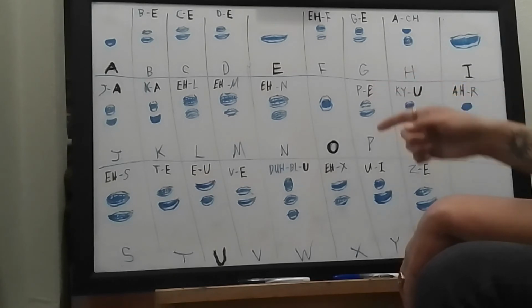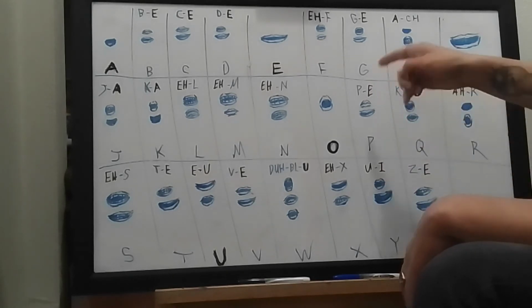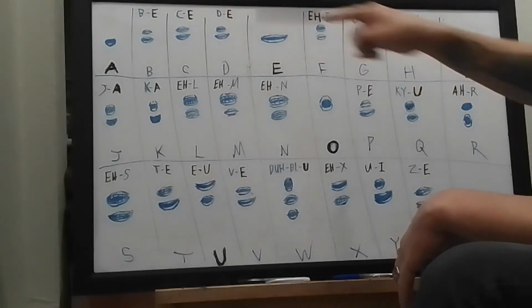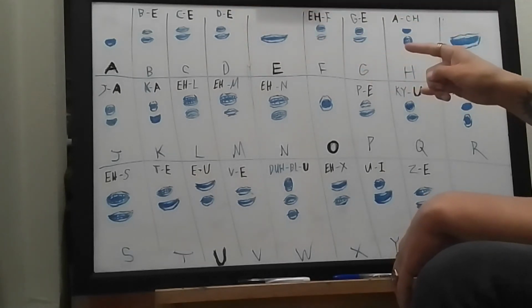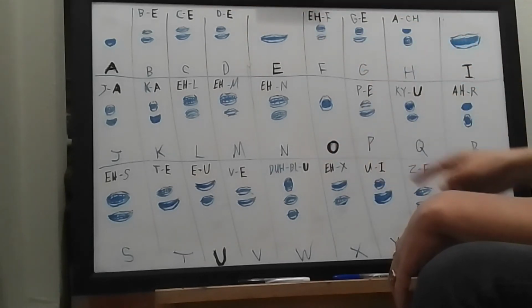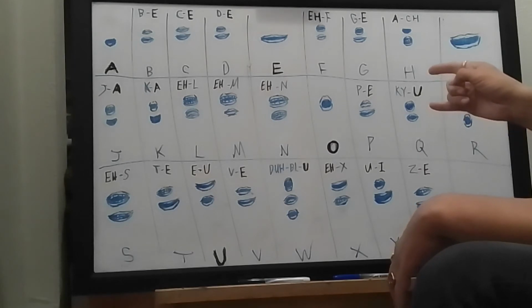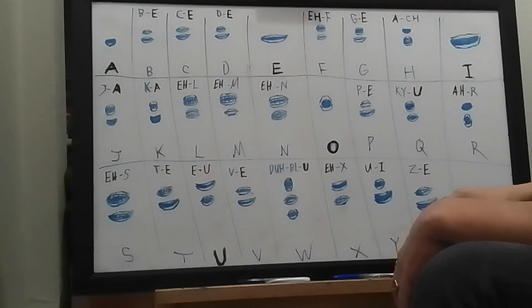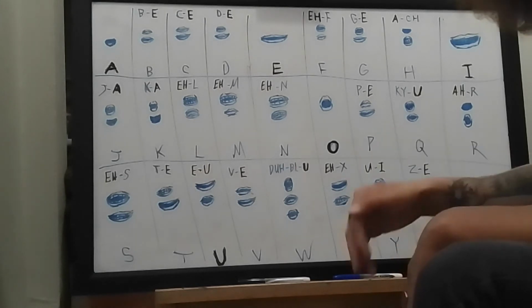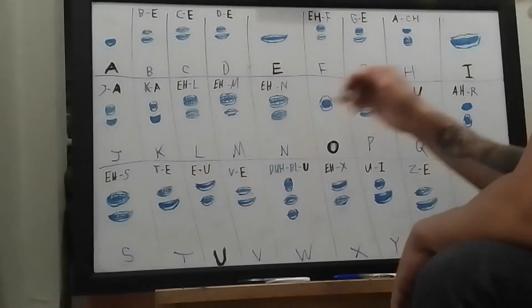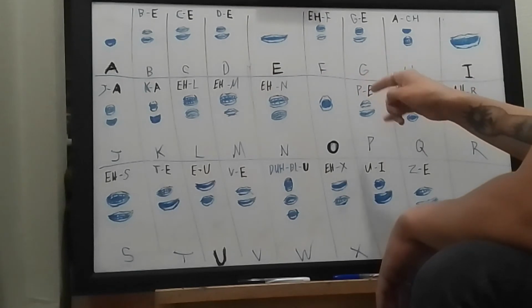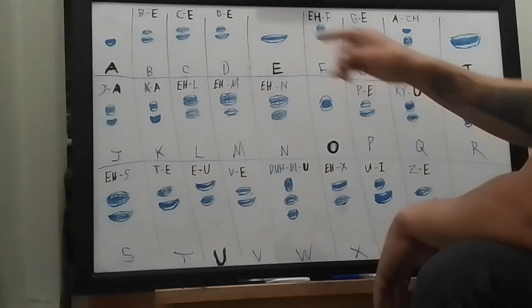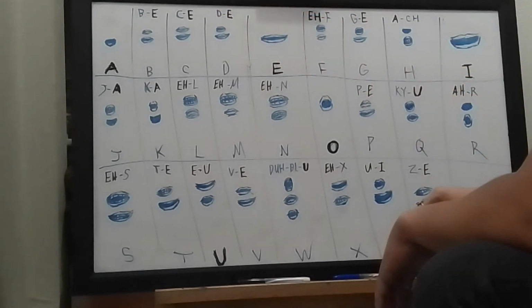Then P. So P and B are interesting. I think they're the only ones that do this. P and B are what are called plosives. Your mouth is pursed, and it looks like it's about ready to burst the sound out.